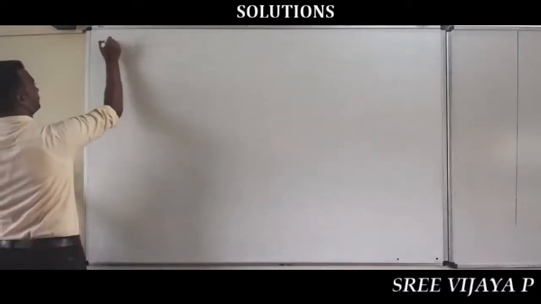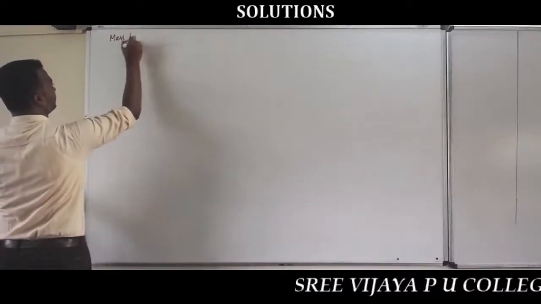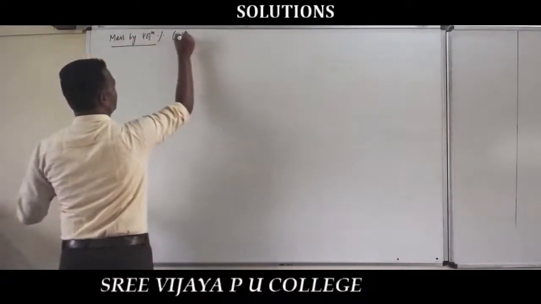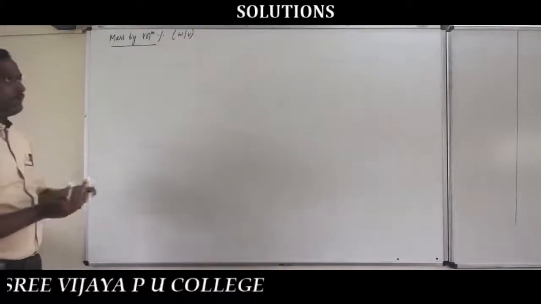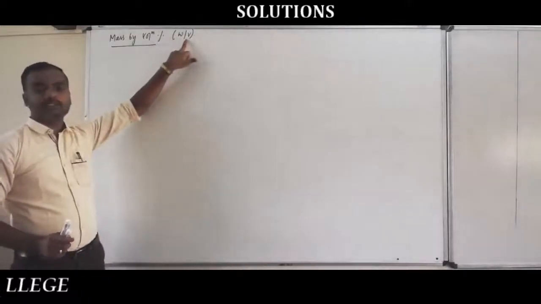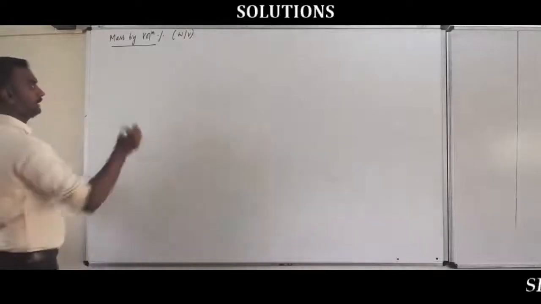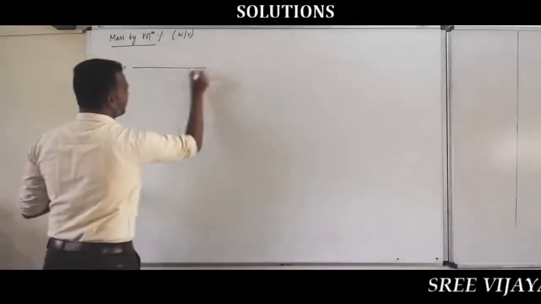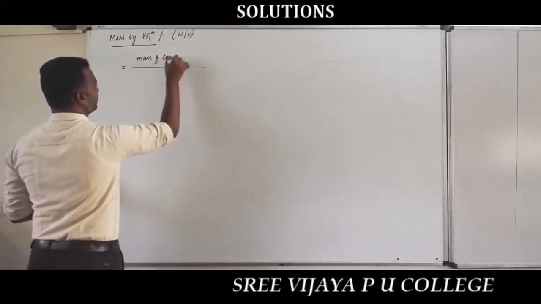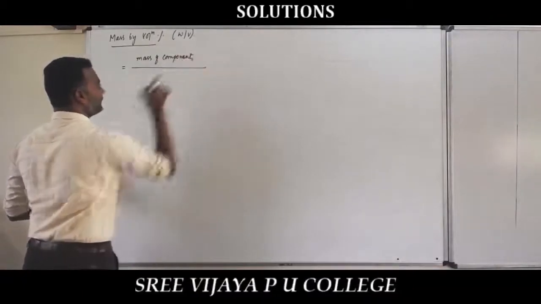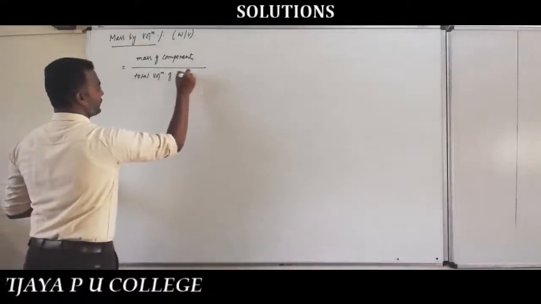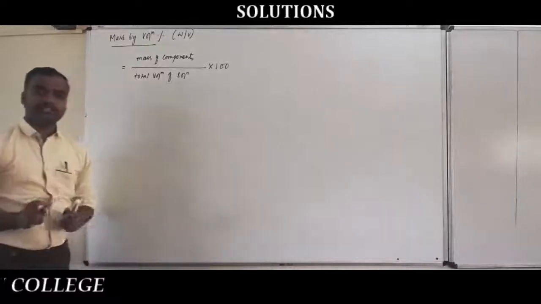This is W by V. Defined, mass by volume percentage is the ratio of the mass of the component in solution divided by the total volume of solution into 100. So that is the mass by volume percentage.